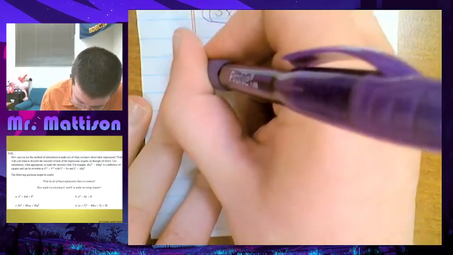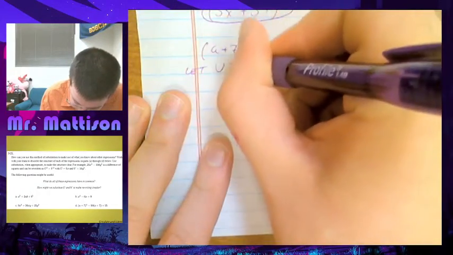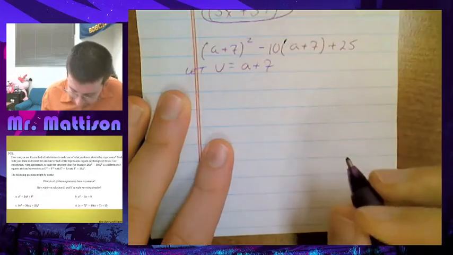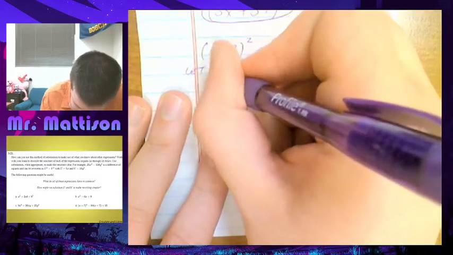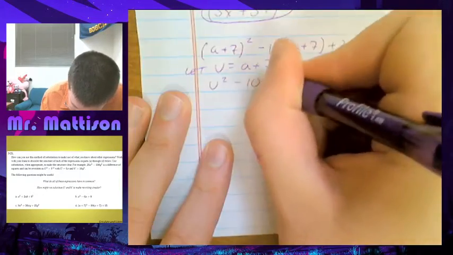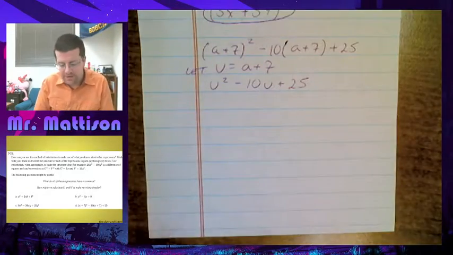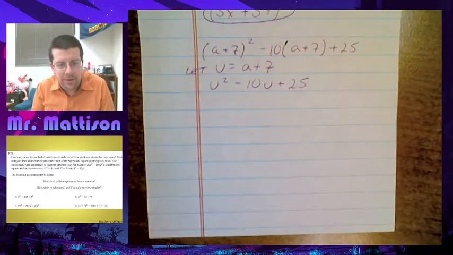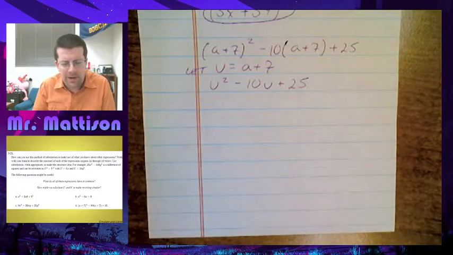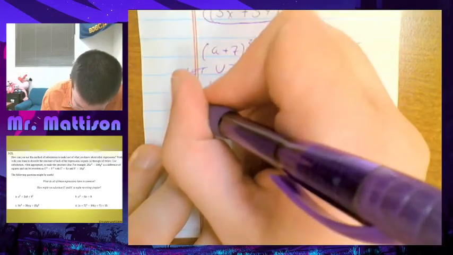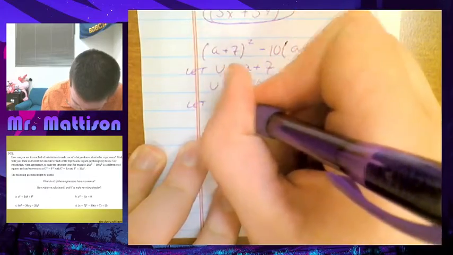I'm going to let u equal a plus 7. Now I have u squared minus 10u plus 25. Well, that's a lot easier for me to look at and work with. Well, what if I also then say, let's let v equal 5.